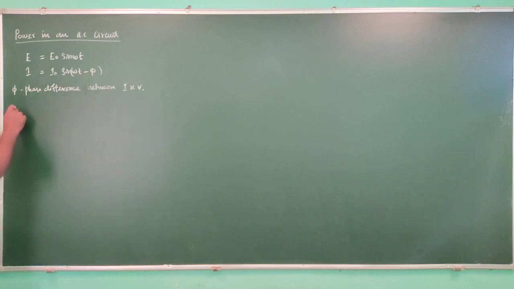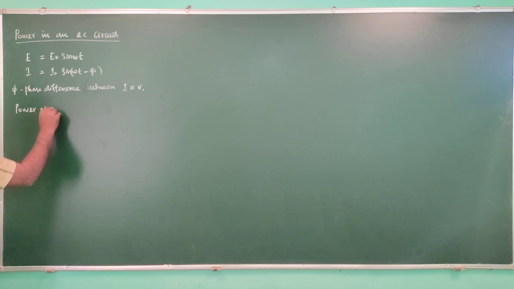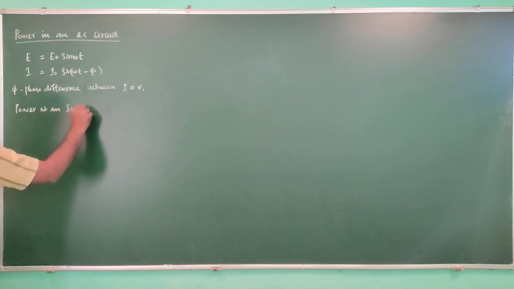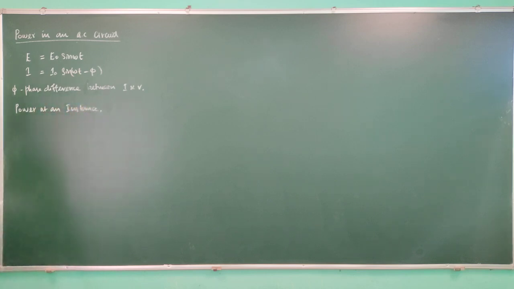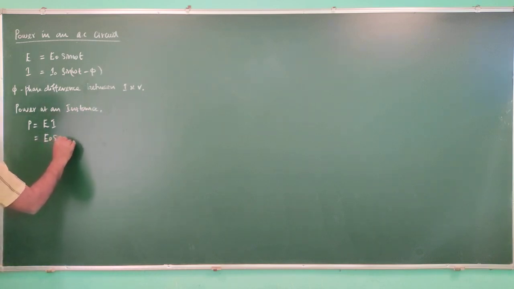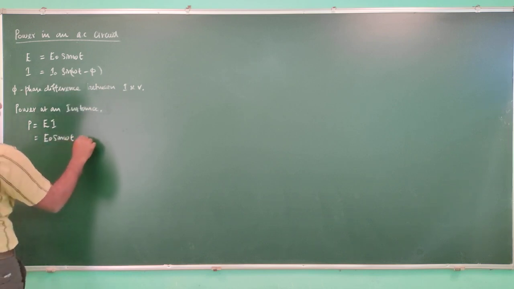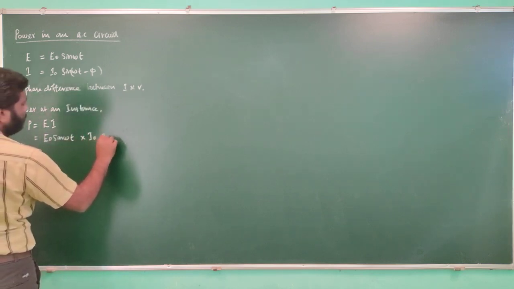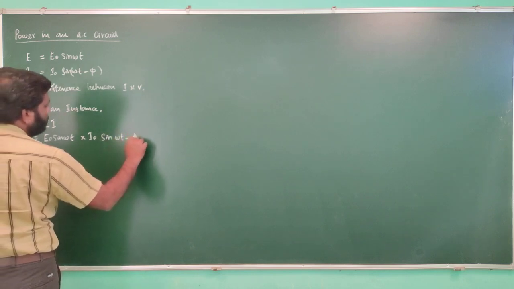Now, the equation for power at an instant, that is the instantaneous power, is nothing but the product of current multiplied by the voltage. So the expression for voltage is E naught sin omega t, and the expression for current is I naught sin omega t minus pi.